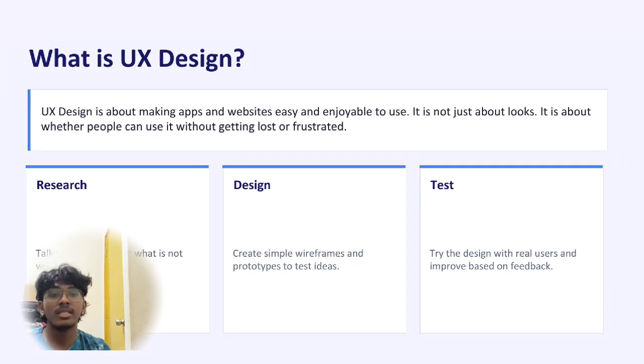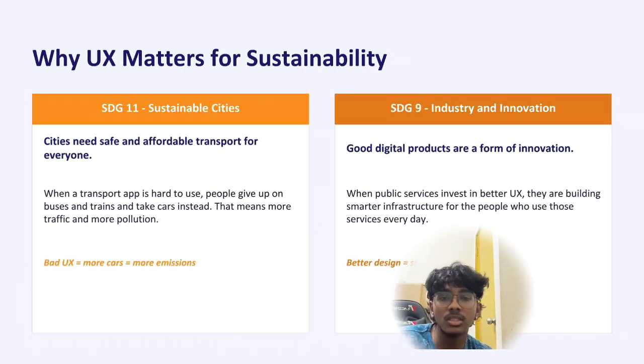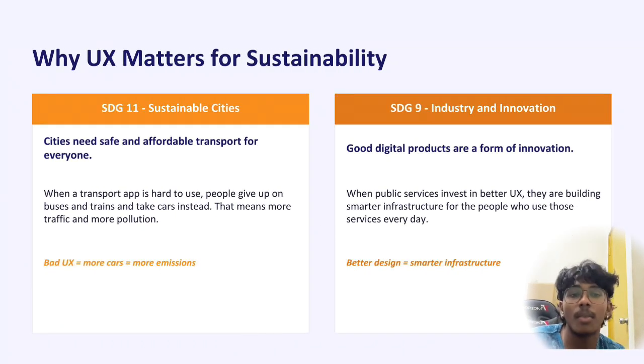Now, I would like to highlight something that is often overlooked: the broader societal impact of UX design, particularly in its connection to sustainability. Our project is aligned with 2 United Nations Sustainable Development Goals. The first is SDG 11, Sustainable Cities and Communities, which emphasizes the need for safe and affordable transport accessible to all.